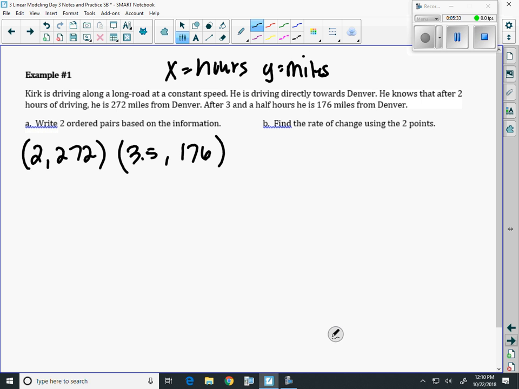It says in part B, find the rate of change. How are we going to do that? Slope. Okay, you're going to find the slope. I need my calculator.